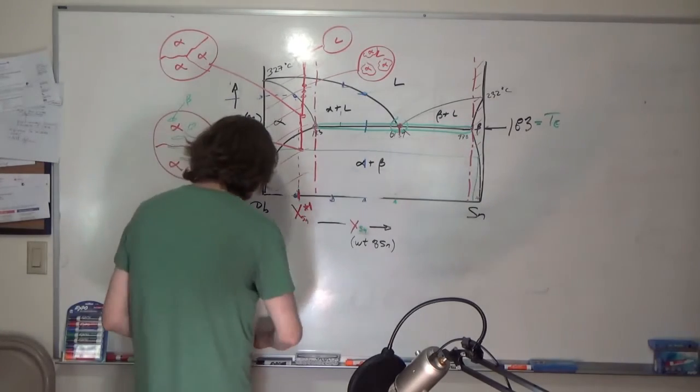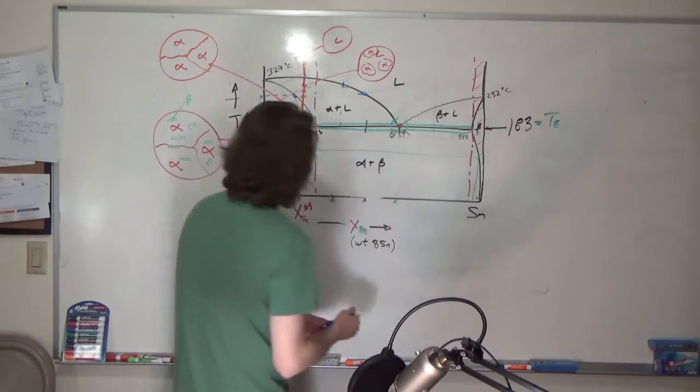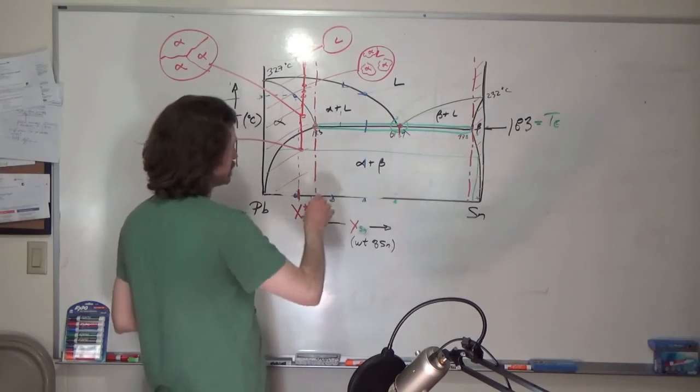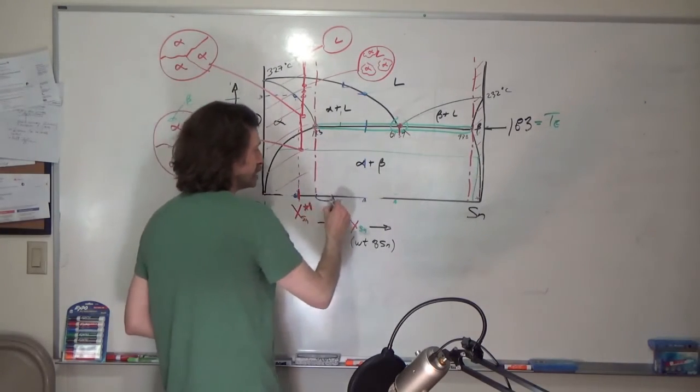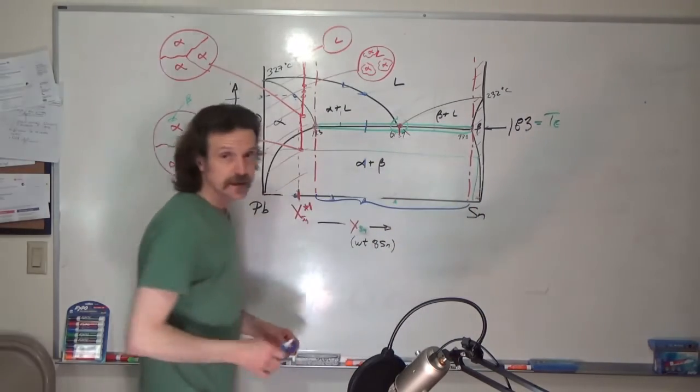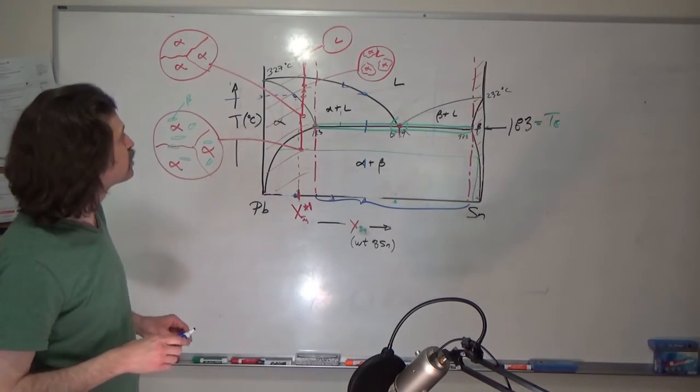Now, that leaves the regions between 18.3 and 97.8. This region is actually going to behave a little bit differently.